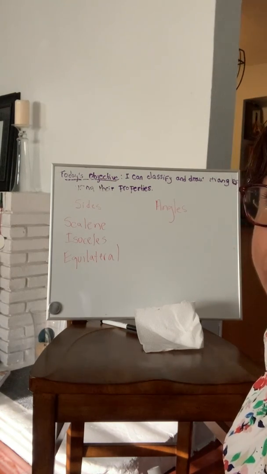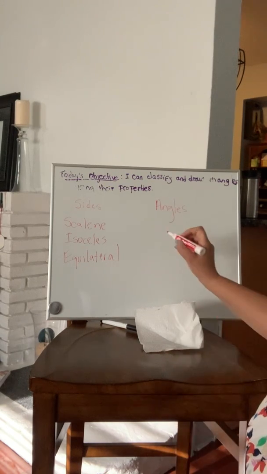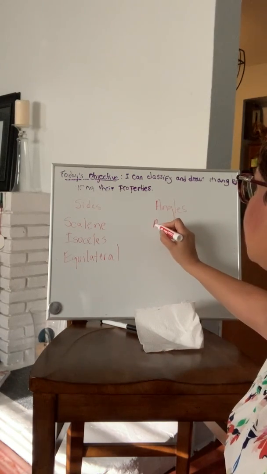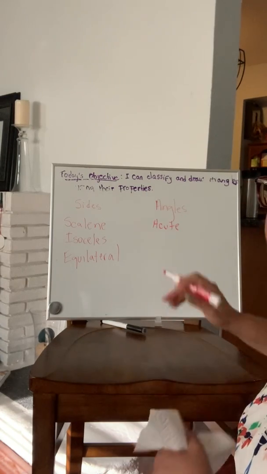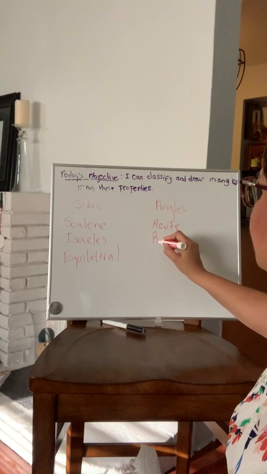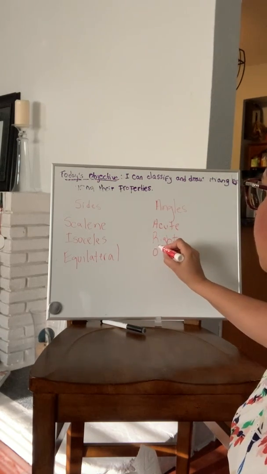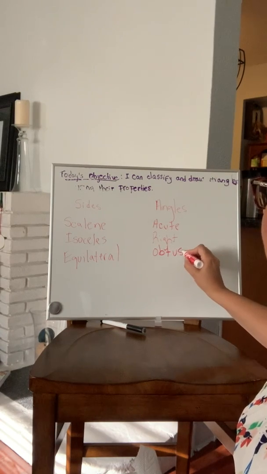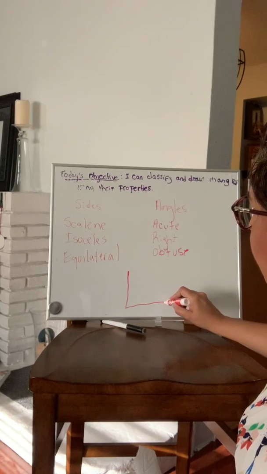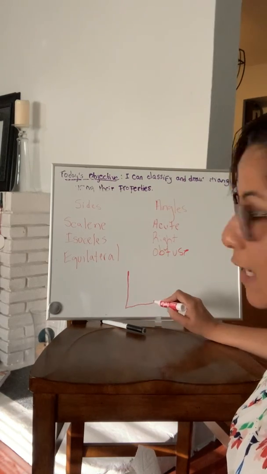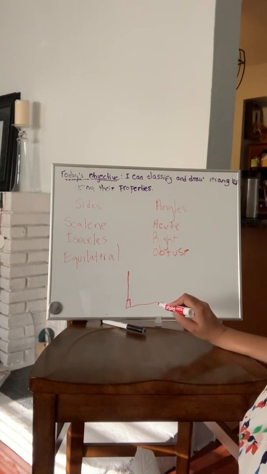Now, when we're talking about a triangle, we're also going to see angles, and we're going to be talking about acute, right angles, and obtuse angles. Probably have seen it already on your iReady. Now, whenever you see a triangle, I'm going to draw an L right here. You see that? When you have two straight lines, you have a right angle, okay?